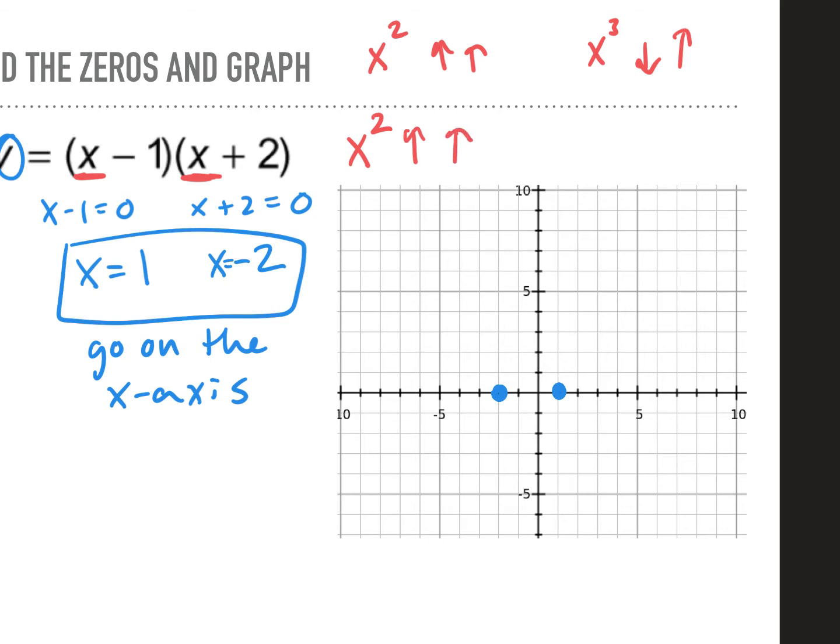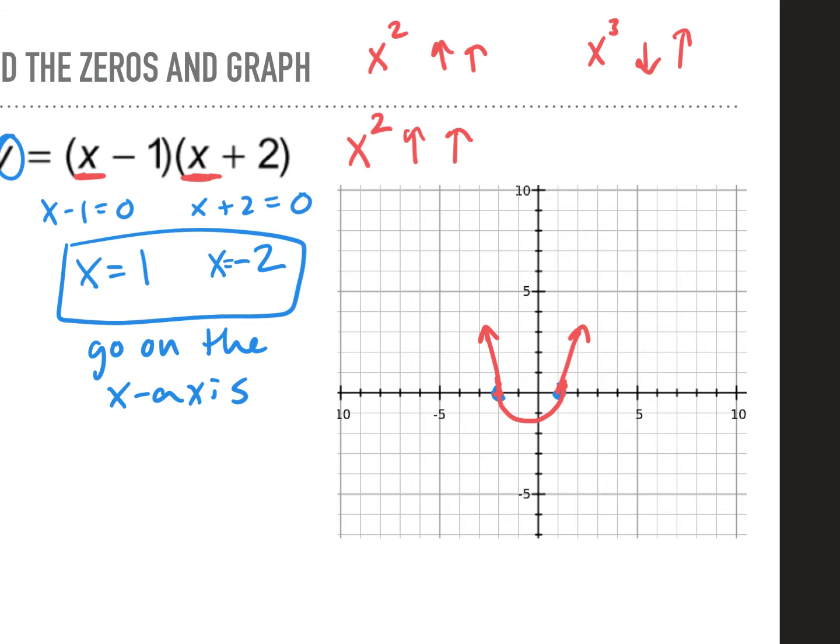So from my point farthest to the left, I go up. From my point farthest to the right, I go up. And then in between, you just kind of connect the dots below. You don't connect it like straight across because we don't have any other points besides these two on the x-axis, so you just connect it down below, like that.